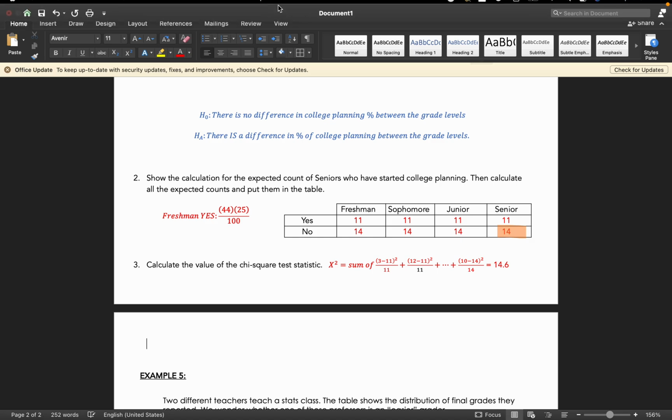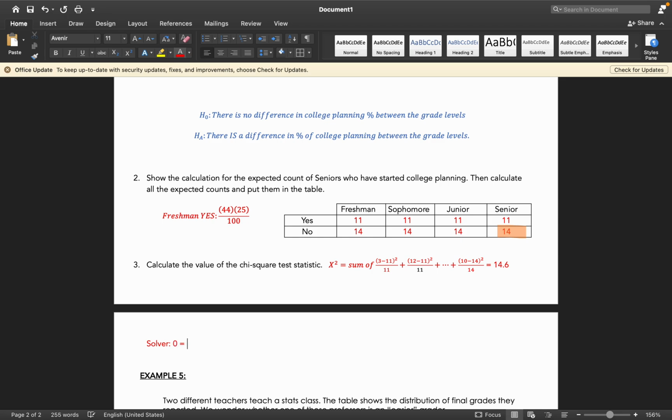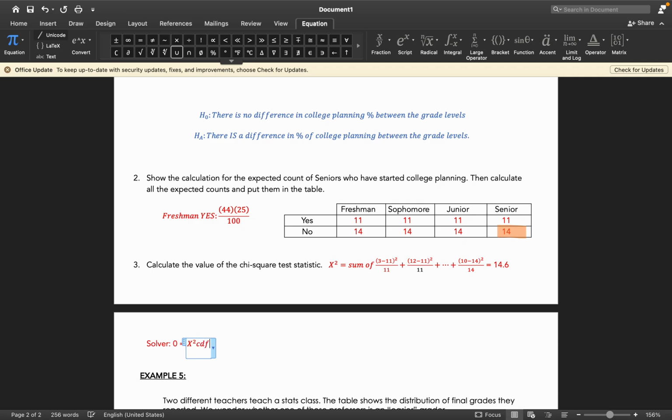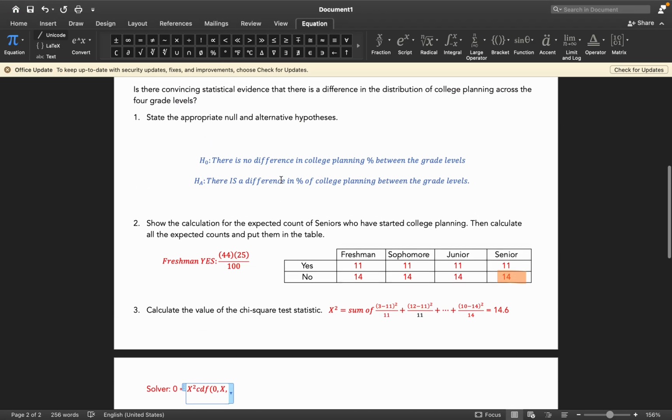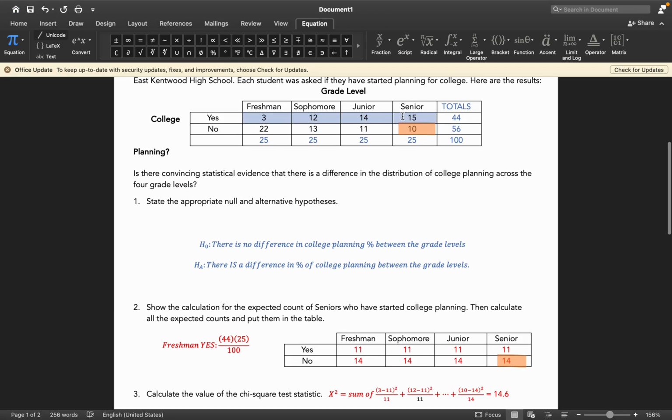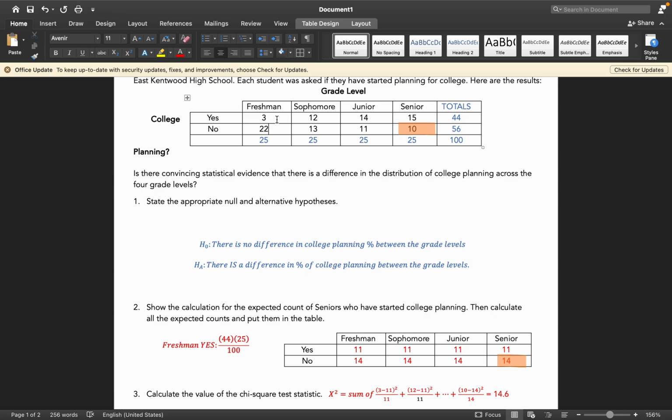What I can do with that is use my solver, and I'm going to do 0 equals the chi-squared CDF from 0 to x with degrees of freedom, which you'll remember is the number of row variables minus 1 times the number of column variables minus 1. So our degrees of freedom would be 4 minus 1 times 2 minus 1, which is 3.